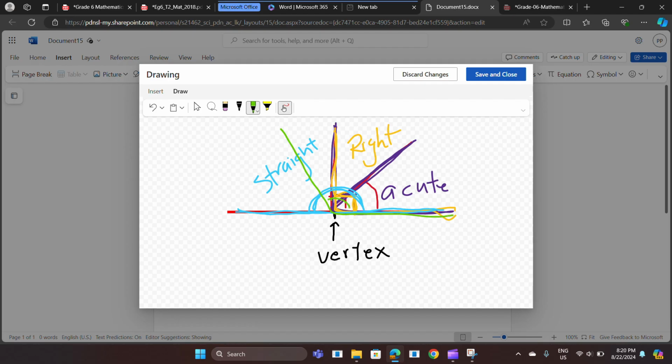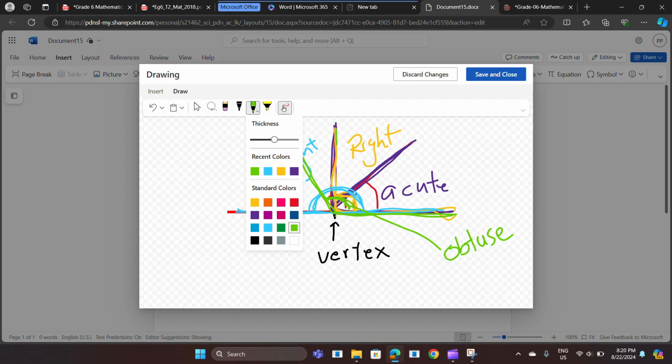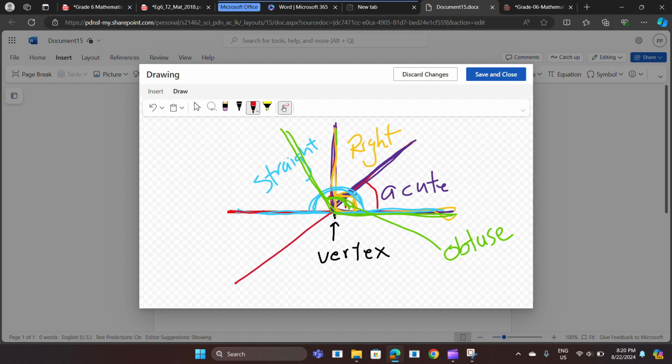And there is another one which is greater than a right angle but less than a straight angle. It is called obtuse. And there are some angles that are greater than this straight angle, like this.